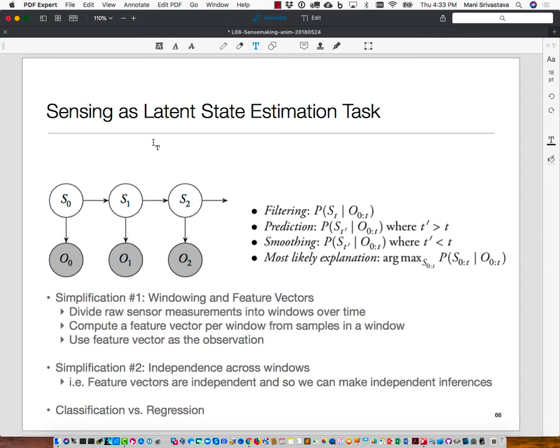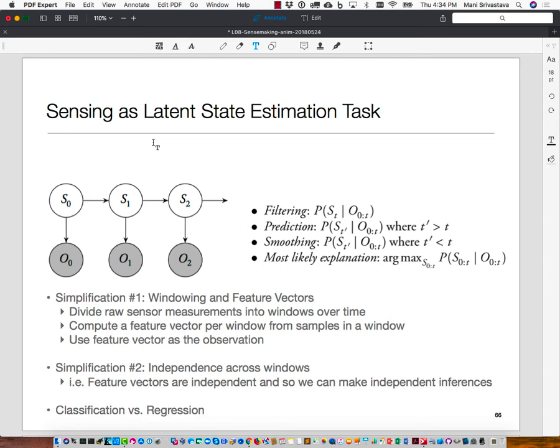Our speech also tends to be of that order. So let's say 20, 50 millisecond windows in which the state changes, and so S0 may be sitting, S1 may be standing up because I was on a chair and I stood up, and then S2 may still be standing. So there will be some sort of a trajectory in the space of possible states that I have.